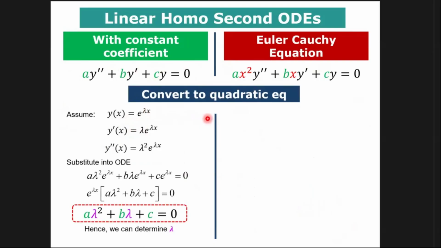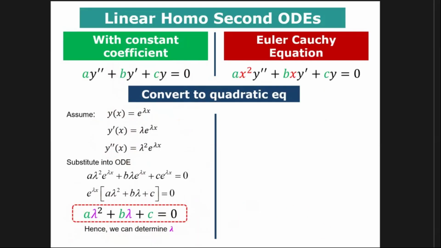Some genius mathematicians have done all the steps, so we just use this assumption because it will lead us to converting this ODE into a quadratic equation. We substitute the y assumption into our ODE, and finally we will get this characteristic equation that can be used to convert our ODE into a quadratic equation.